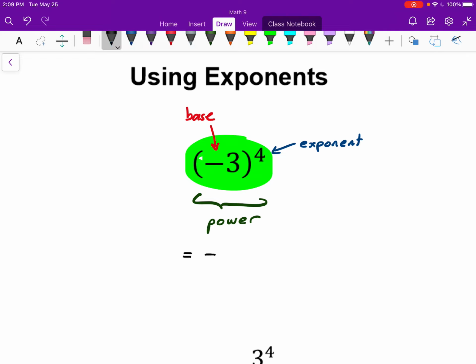So this is the same as negative 3 times negative 3 times negative 3 times negative 3. That's the repeated multiplication. And if you evaluate it all, you get positive 81. So that's when you evaluate.